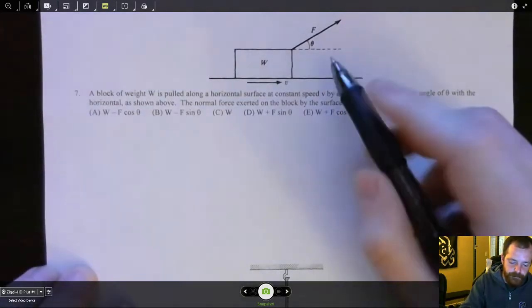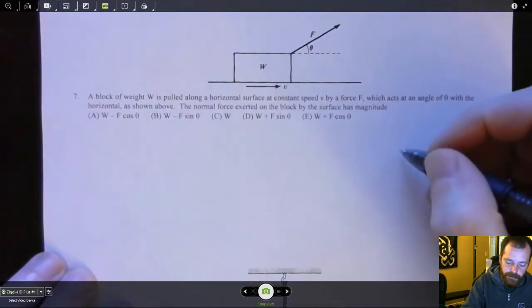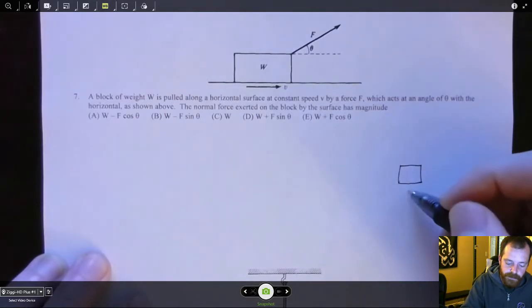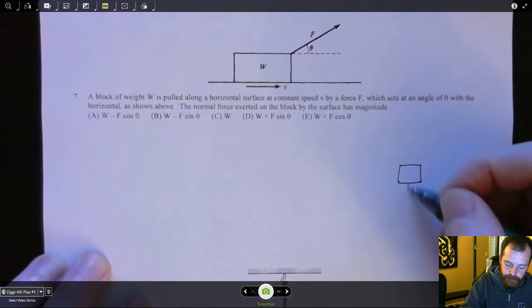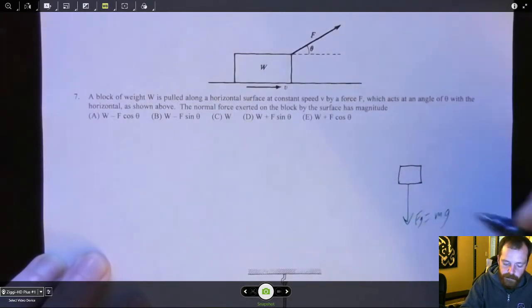Okay, so let's draw a free body diagram here, and let's try to identify all the different things acting here. So obviously we have weight, as always, pulling down, and that's equal to mg.